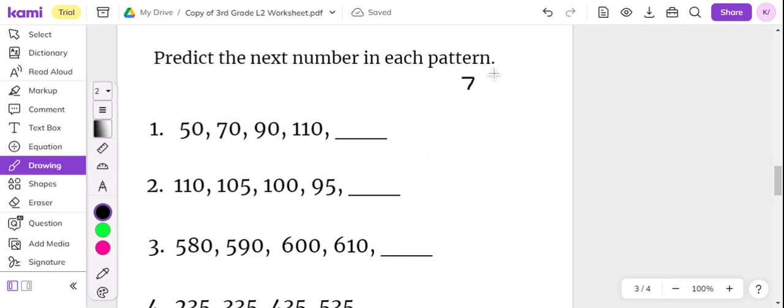So that means we should take this number and subtract it to this number. You can take any number, but we'll stick to the first two. So 70 minus 50, 0, and then 7 minus 5, 2. So that means 20. And if we check all of these individually, it should come out to 20. So that means each time it is going up by 20.